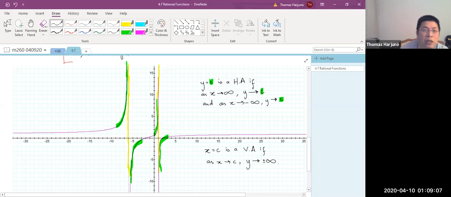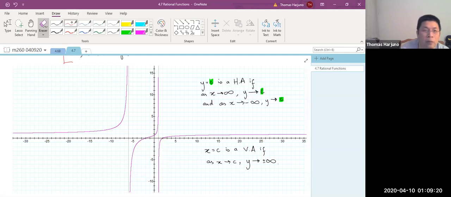Now you see, in the case of a rational function, the graph never intersects a vertical asymptote. Maybe I write it down.